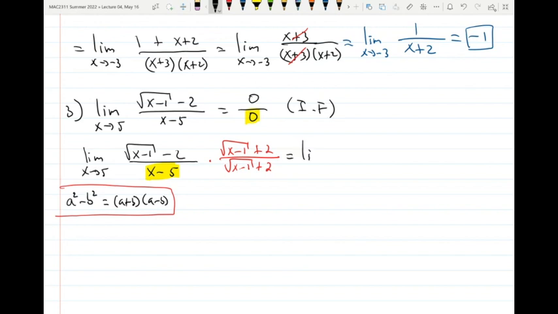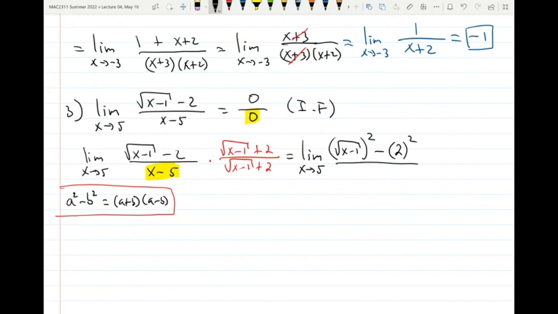All right, so now the numerator becomes, when you multiply these two guys, that's a product of conjugates, so that will be the first guy squared minus the second guy squared. Yes? Over.